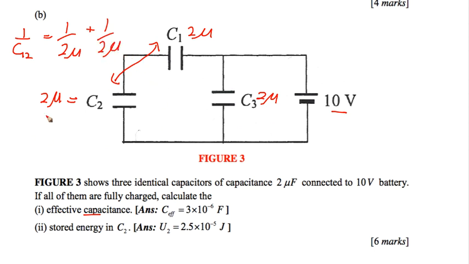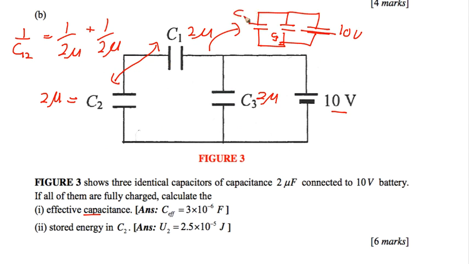And next, if you draw the circuit here, you have only 2 capacitors. This is the 10 volt battery, and this is C3, and this is the combination of C1 and C2. The combination C12 and C3 are in parallel.